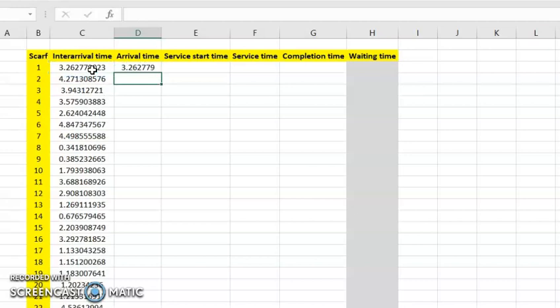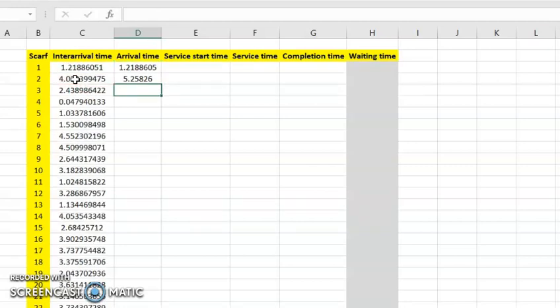That's it. What about the second arrival time? The second arrival time that we have here is the arrival time of the second scarf. That equals the arrival time of the previous scarf plus inter-arrival of this scarf. If you cannot catch up with these things, I suggest you check the previous video.